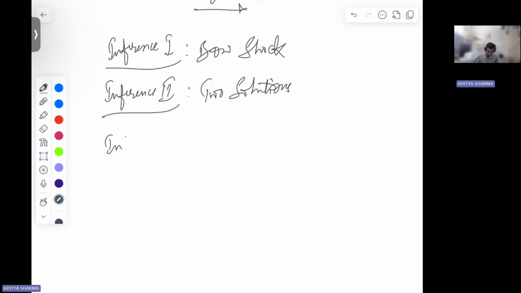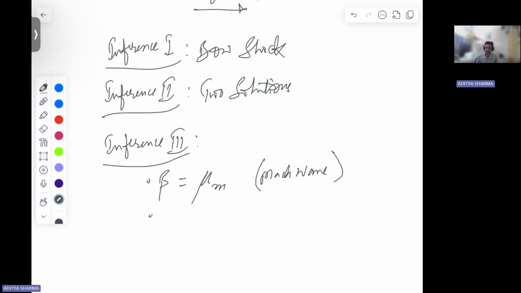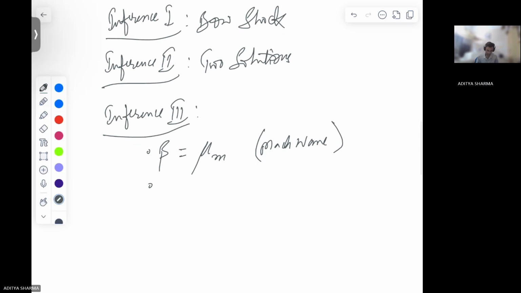Then inference three, what does inference three talk about? It says that if your beta is equal to mu, the Mach angle, then it's a Mach wave. Then it says that if your beta is greater than mu, then it's an oblique shock.